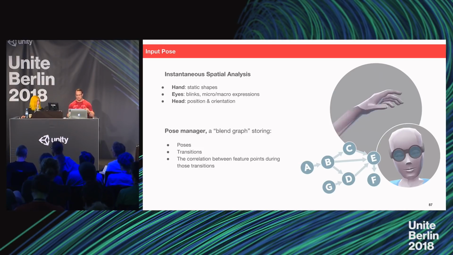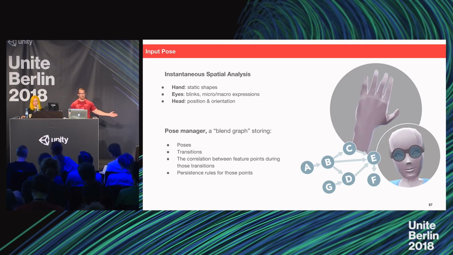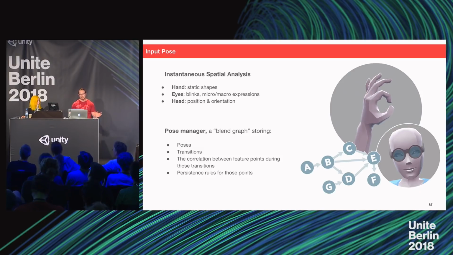And in fact, I can also do persistence rules for if those points, say, move out of the FOV, the actual field of sensing of the device. I can keep persistence rules to stop at the edge of the field of sensing and alert the user that they need to get their hand back, or I can let them drift using whatever velocity they currently were using. Those sorts of rules.